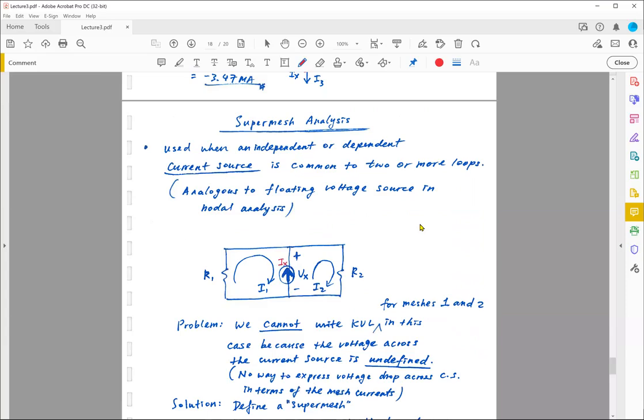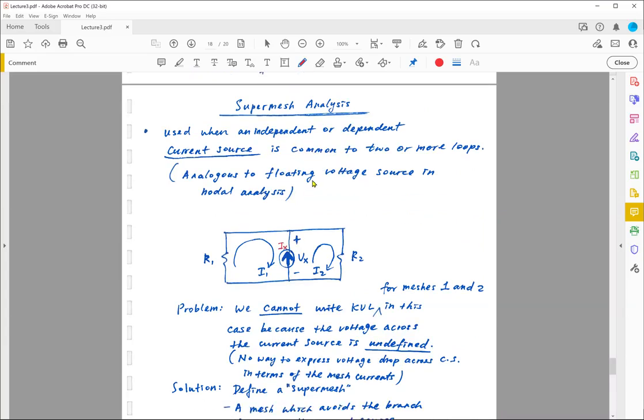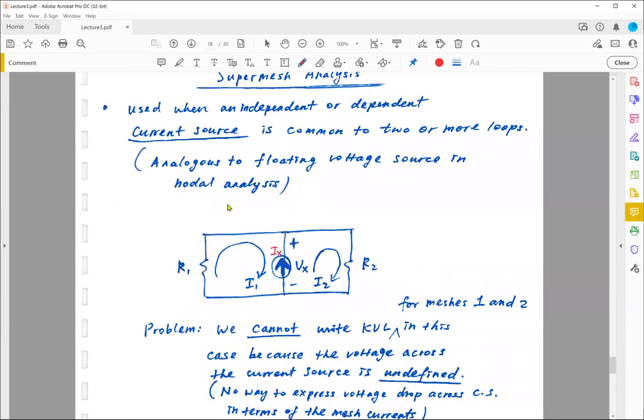Similarly, for mesh analysis, if you have a situation like this, let's look at this circuit in a little more detail.